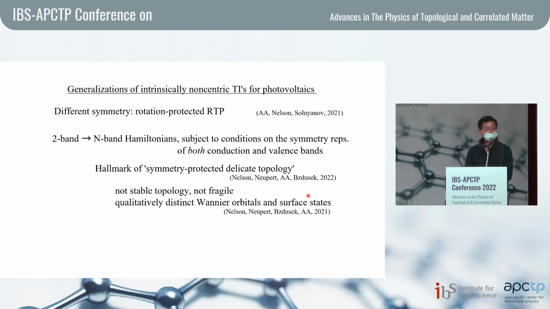However, there is a condition on the symmetry representations of both the conduction and the valence band. I emphasize both. This is a hallmark of a symmetry-protected, delicate topology. It's not stable topology. It's not fragile topology. And really, the difference results in some qualitatively distinct Wannier orbitals and qualitatively distinct surface states.